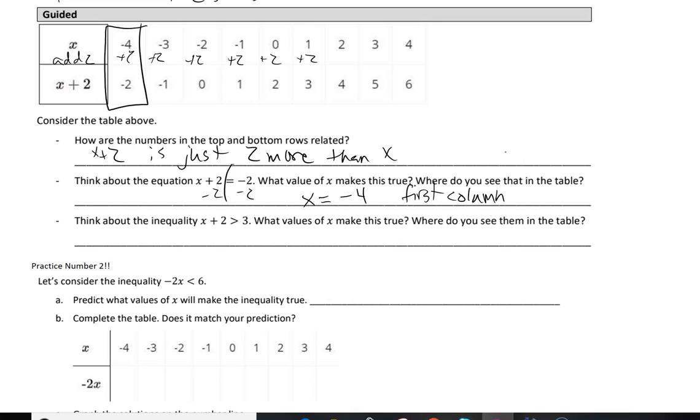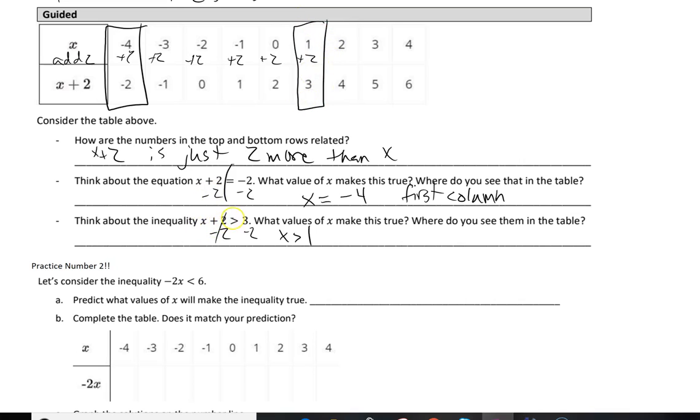Now we can think about the inequality. x plus 2 is greater than 3. What value of x makes this true? Well, same thing. Inverse operations. We are left with x is greater than 1. So where do we see an x value of 1? When x is 1, we have x plus 2 is 3.